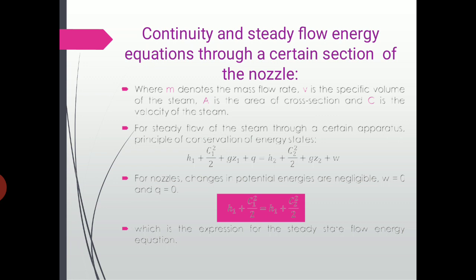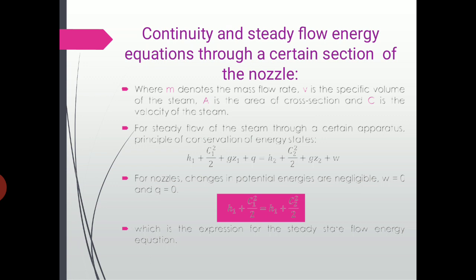Okay, where m denotes the mass flow rate, v is the specific volume of the steam, A is the area of cross section, and C is the velocity of the steam. Okay, so for a steady flow of steam through a certain apparatus, the principle of conservation of energy states that, we know the principle of energy conservation already.